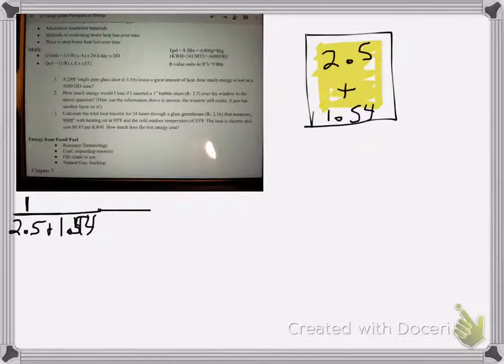1.54, and same units for R values, which is the feet squared, hours, degrees Fahrenheit over a BTU.